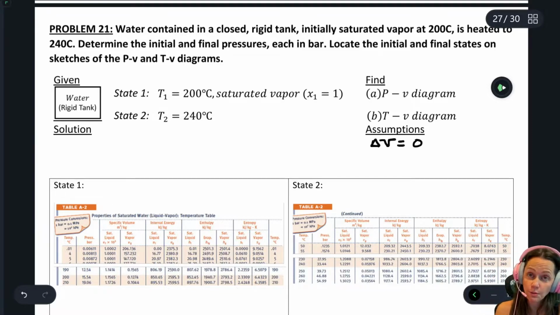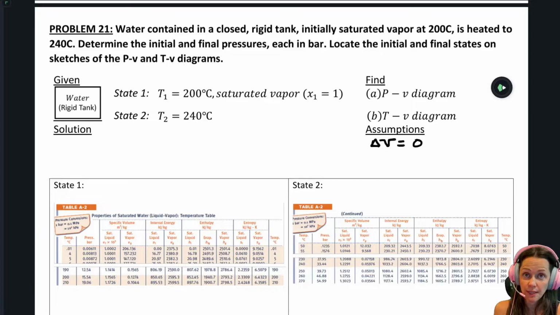So that's going to help me fix state 2, right? Because I need two independent intensive properties with which to fix my state. I need to figure out the initial and final pressures. I also need to locate the initial and final states on a PV and TV diagram. So if I just draw a PV and TV diagram, I'm going to have accomplished those things.